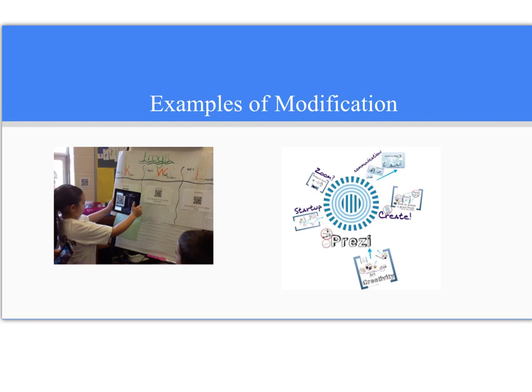Modification is when the technology allows for significant task redesign. An example would be QR codes. Students having a mobile device can walk around the classroom, scan a QR code, watch a video, read an article, or even answer questions. They are working at their own pace. They can go back and revisit certain QR codes if they have questions about the content.